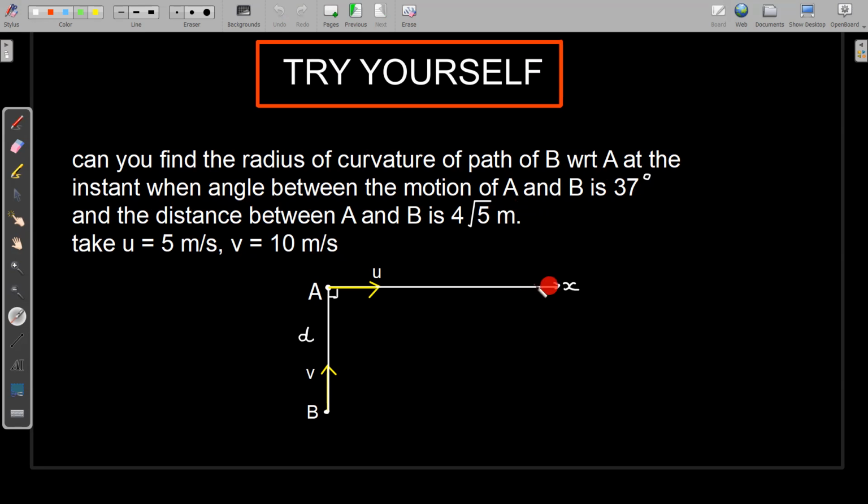A is going towards right and the instantaneous velocity vector of particle B is towards A. So when the angle between v vector and u vector is 37 degrees and the distance between the particles is 4 root 5 meter, at this particular instant, what is the radius of curvature of B with respect to A? You can take the value of u as 5 meter per second and the value of v as 10 meter per second, right? We'll come up with a solution on this part in the next video or some other video.